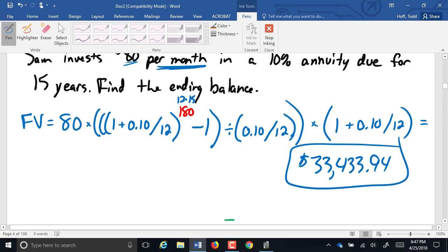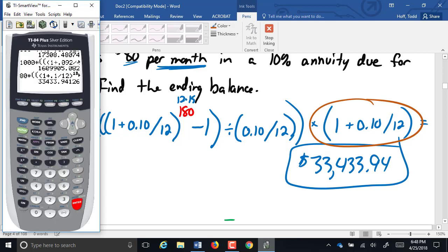Were you lower or higher? Did you put this term at the end? Well, then maybe I punched something wrong.